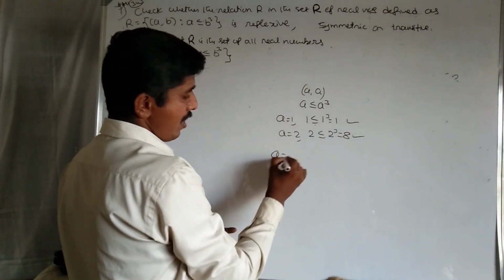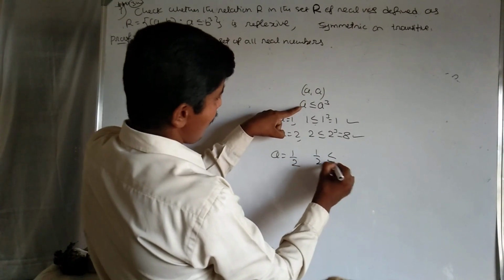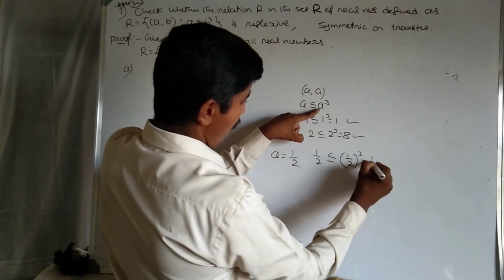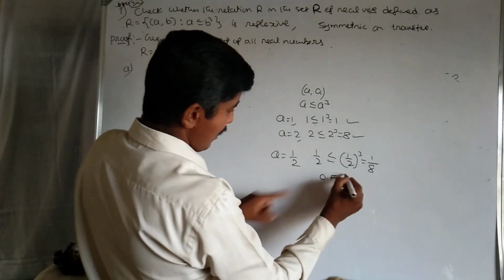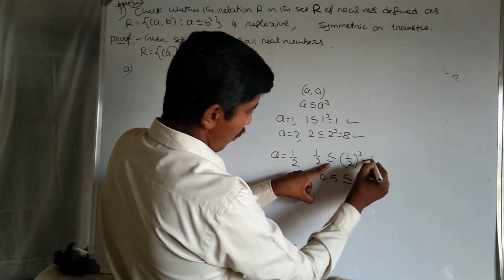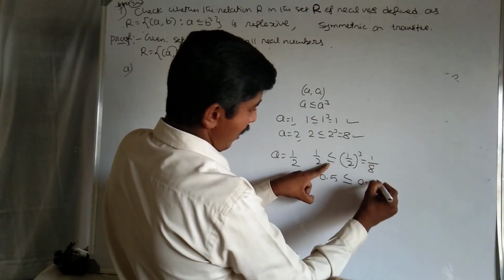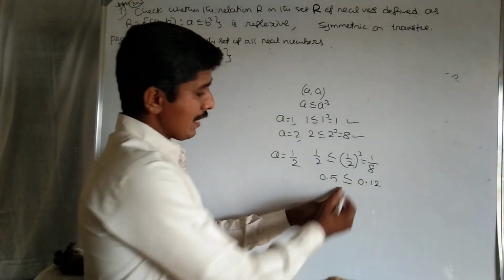Next, a equals 1 by 2. Is 1 by 2 less than or equal to 1 by 2 whole cube? 1 cube is 1, divided by 2 cube which is 8, so 1 by 8. 0.5 is greater than 0.125, so it is not less than or equal.